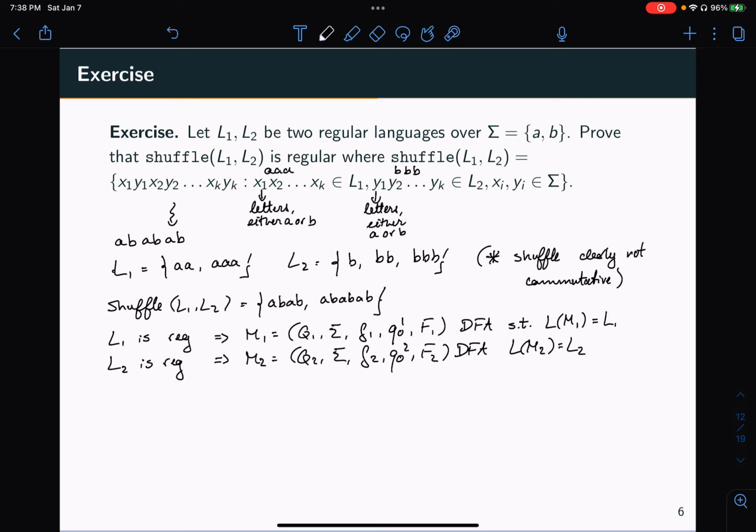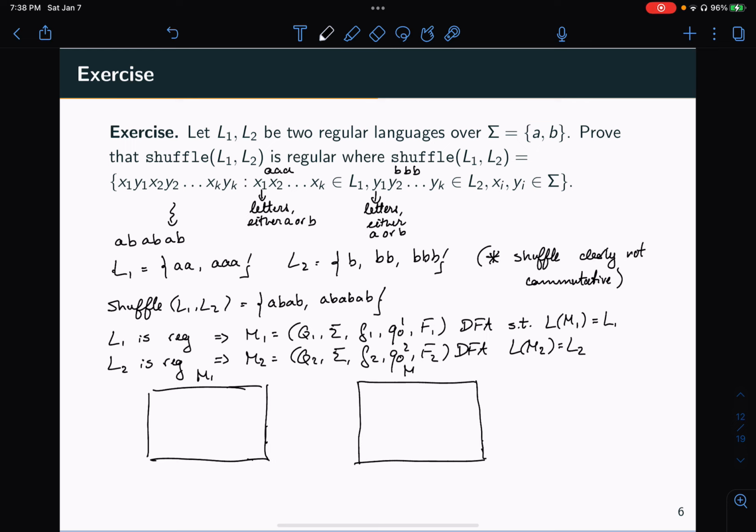Okay, so suppose I have my machine M1 and my machine M2. It starts here, and it has some final states. This one also has some final states. Now let's just pick some K, just as an illustration.